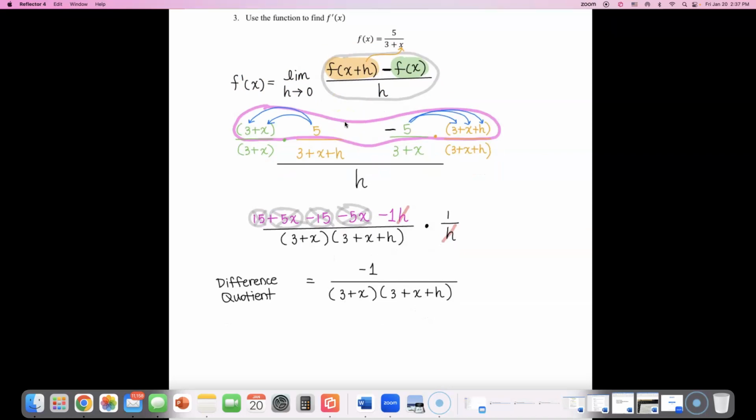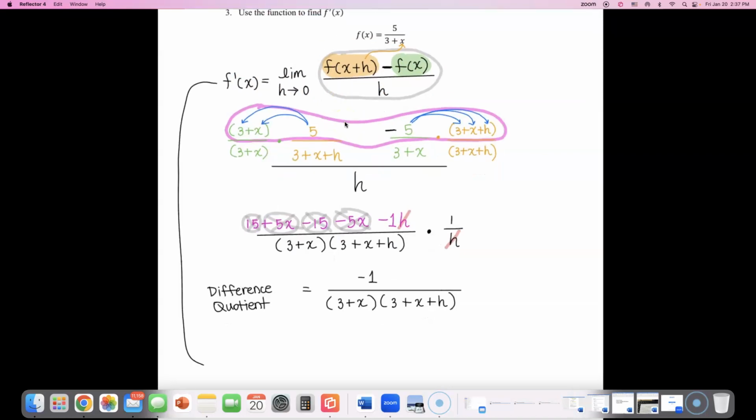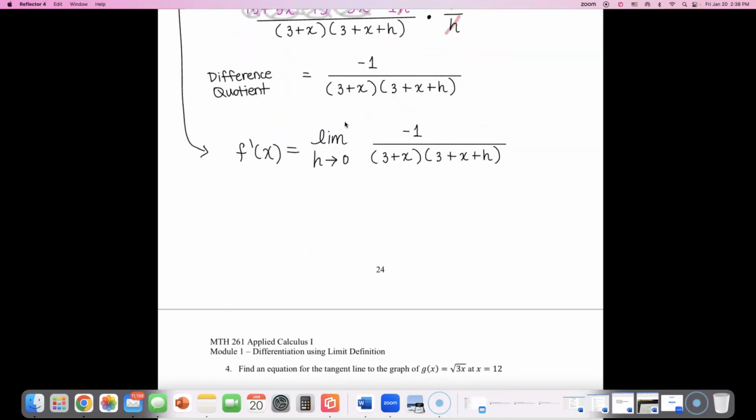So what I now need to do is actually find the derivative. What is f prime of x? That is the limit as h approaches 0 of this expression that we just found.